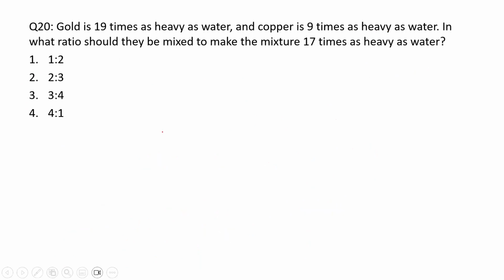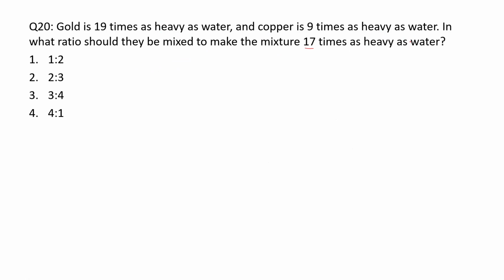Okay. Last problem. Now this is from the topic ratio. Gold is 19 times as heavy as water and copper is 9 times as heavy as water. In what ratio should they be mixed to make the mixture 17 times as heavy as water?